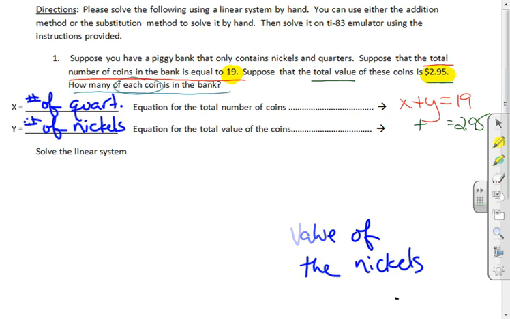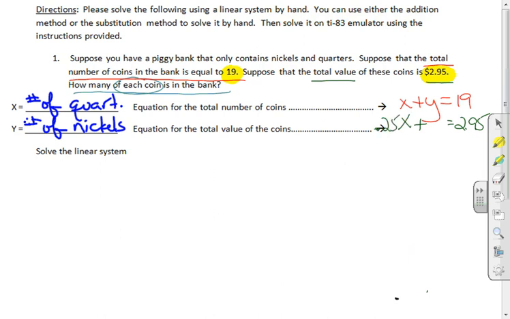Okay, well, to figure out the value of any number of quarters, you take the number of quarters and multiply it by 0.25. Similarly, for nickels, you take the number of nickels and multiply it by 0.05. This represents the linear system that they're now going to solve.